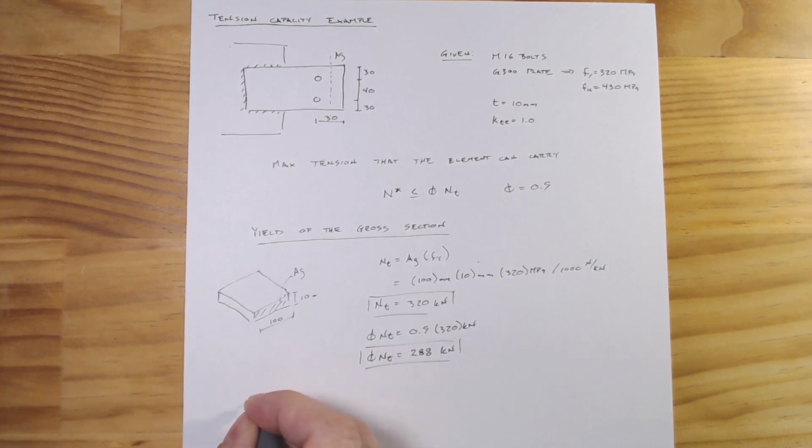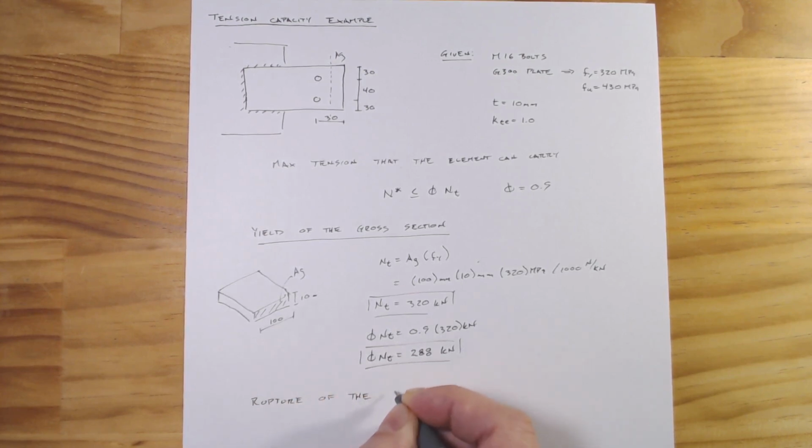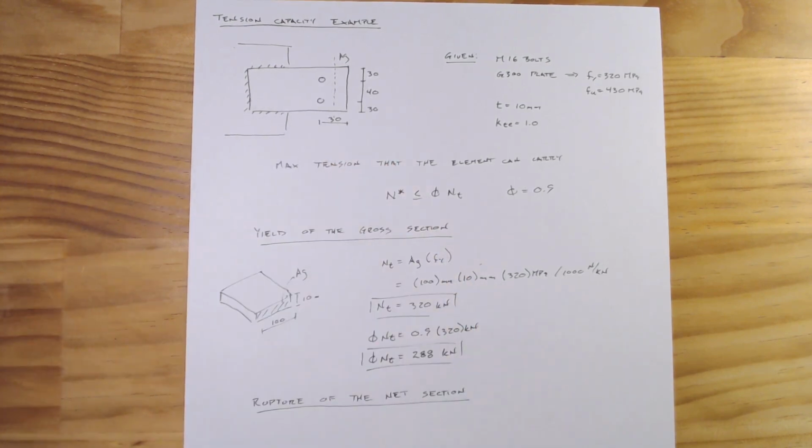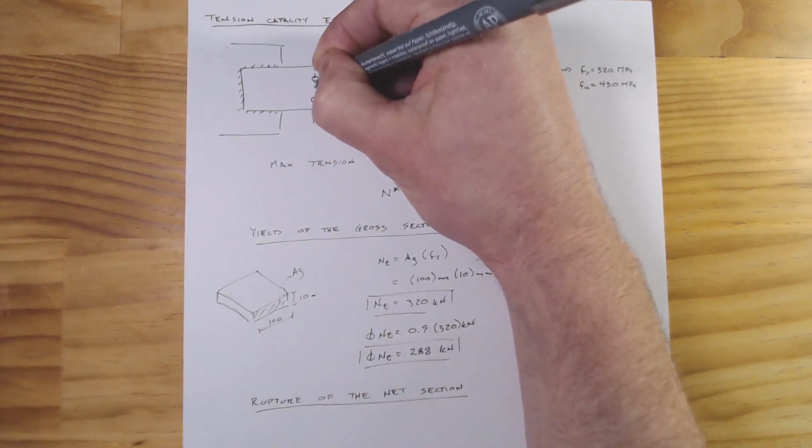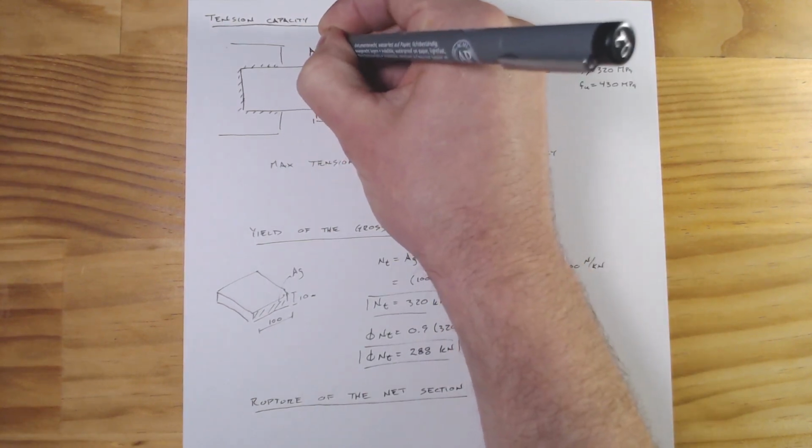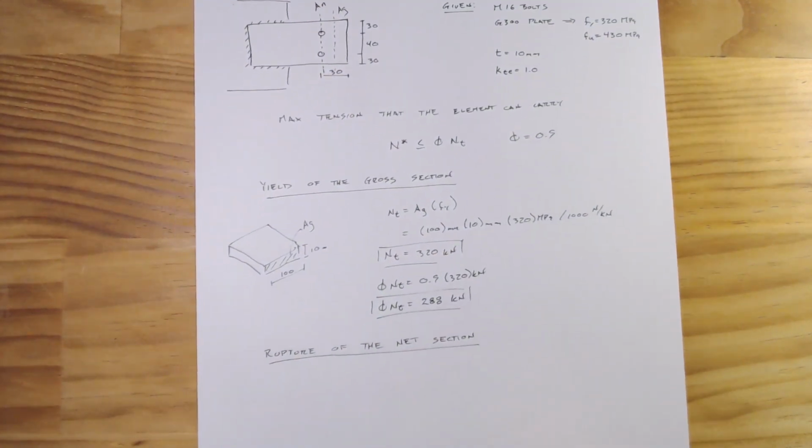and the other one we have to look at is the rupture of the net area, the net section. With this net section, this is where we have the holes, and so the line where it would fail would be right through here, so that's An, and I'll draw a little picture of what we're trying to calculate an area for.